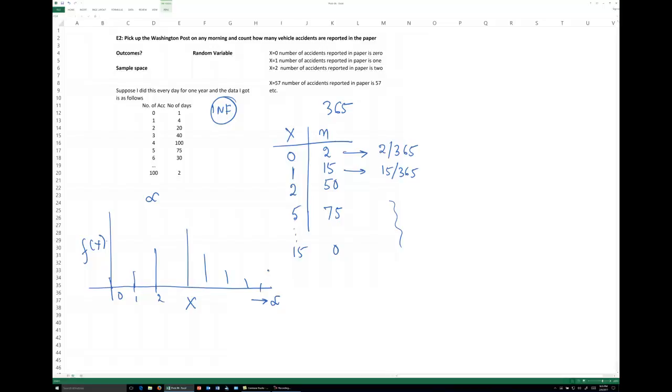Regardless of the fact that you have an infinite number of spikes, the two rules that I told you, namely that no negative spikes, every spike must be 0 or higher, so no negative probabilities. And if you sum up these spikes, the heights of these spikes, across all the infinite number of spikes that you have, they must add up to 1.